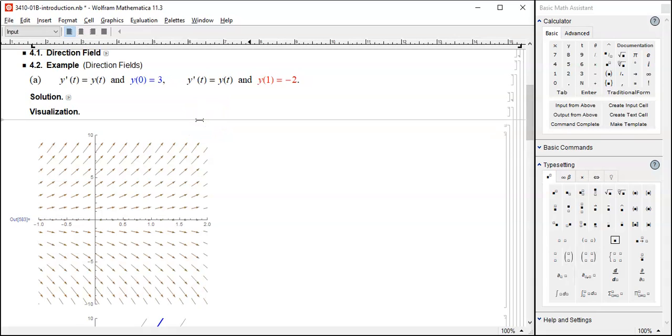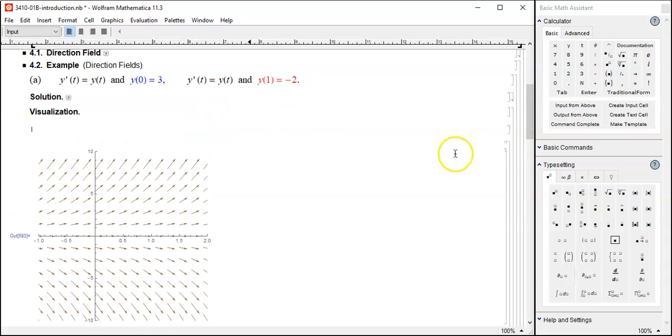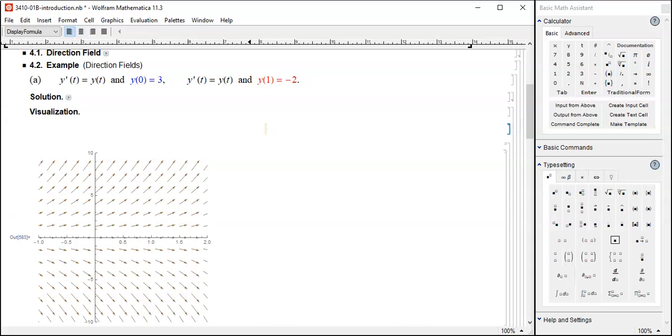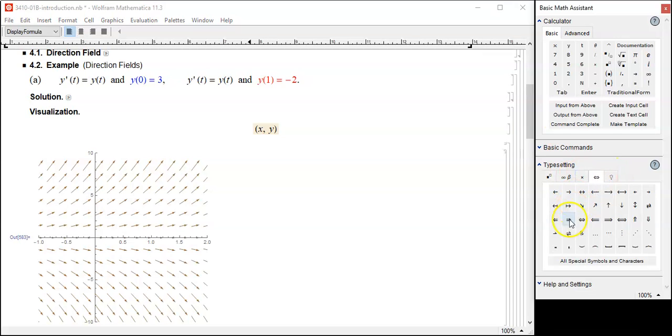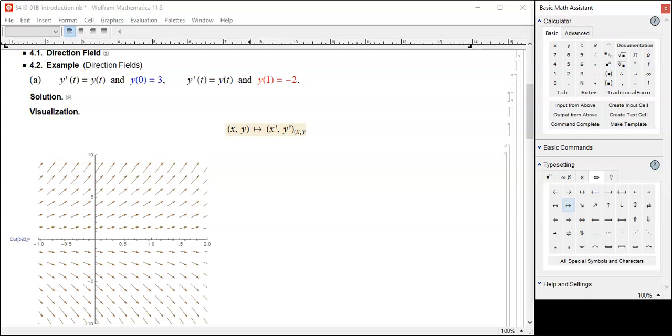So given x, y, we are assigning that x, y into x prime, y prime, starting at this x comma y and this vector.